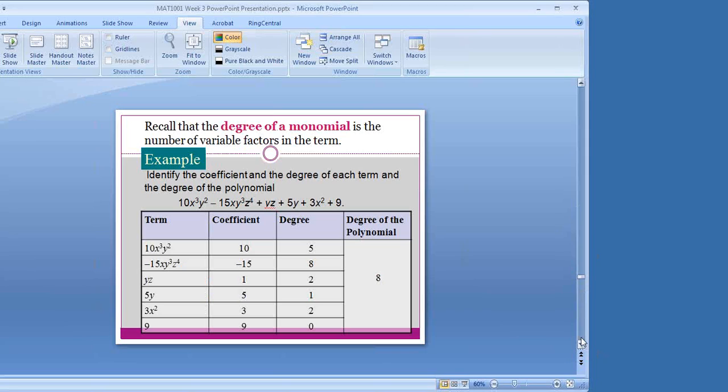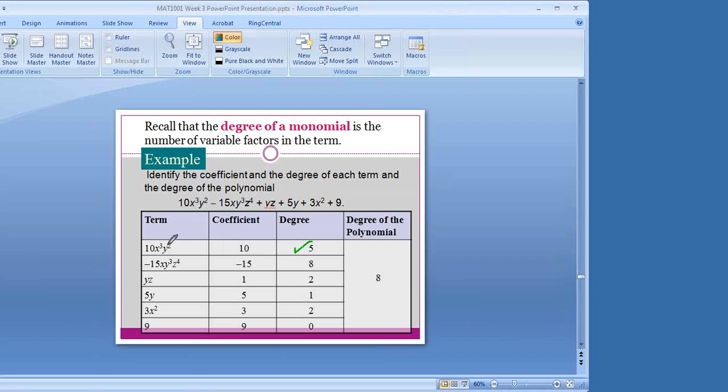We talked about degrees already, and I told you already that you're going to be working with it a lot in Math 1005 if that's not part of your plan. But remember that the degree of a monomial is the same definition as it was before. It's the sum of the variable factors of a term. So the variable factors we see in 10x³y² is, well, 3 plus 2 is 5.